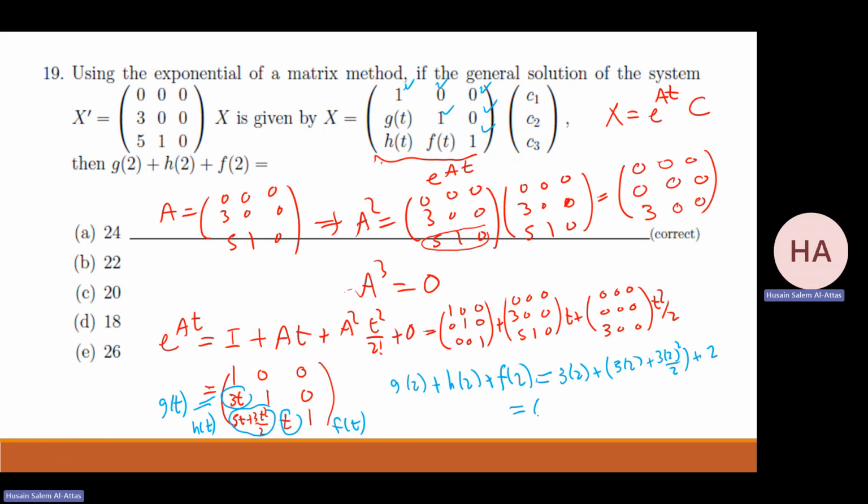So that will be 6 plus 16 plus 2, which is 24. This is the answer.